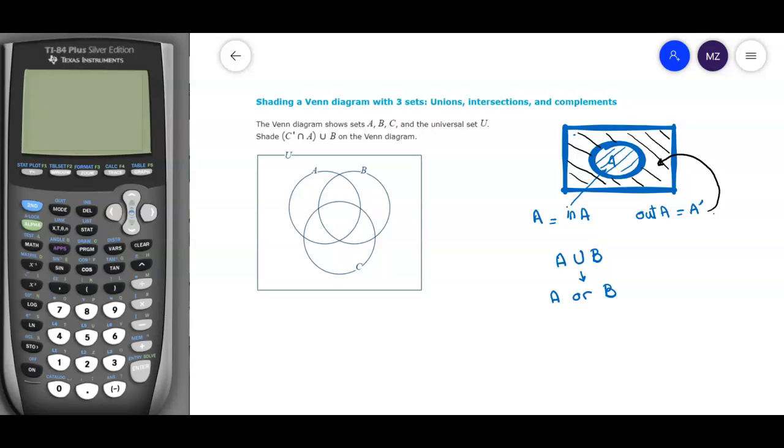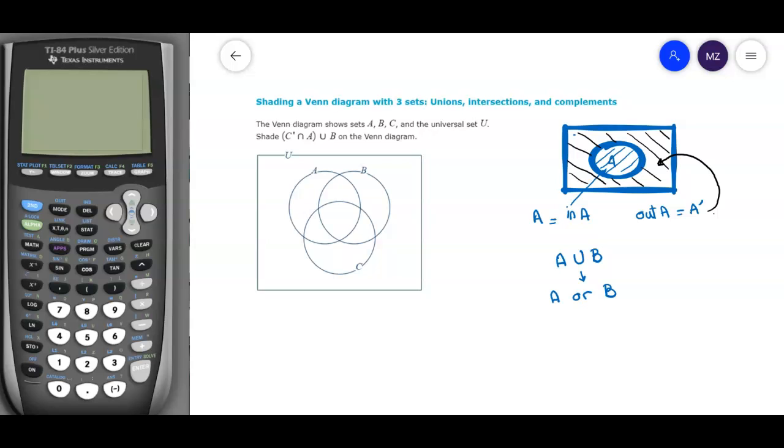If one of them is verified, then it's okay, you take it. If it belongs to A, you take it. If it belongs to B, you take it. If it belongs to both of them, you take it.